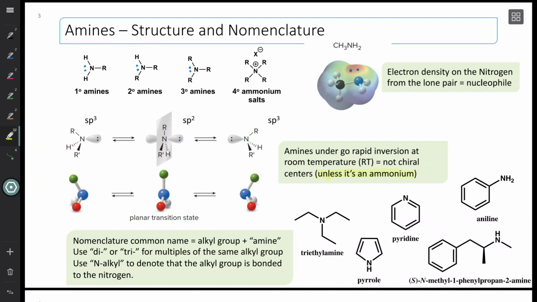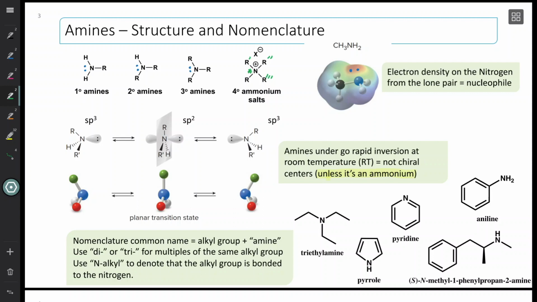The ammonium is locked into a tetrahedral structure. It is always sp3. And once it's locked in, it does retain its chiral center. So if all of these were different, then technically, yes, this would be a chiral center. Of course, if you then do reactions and go back to a neutral amine, then you lose it.